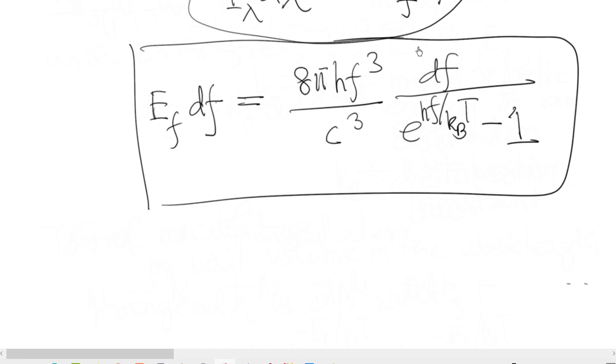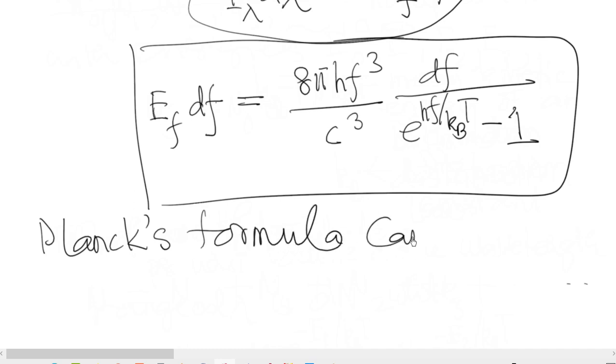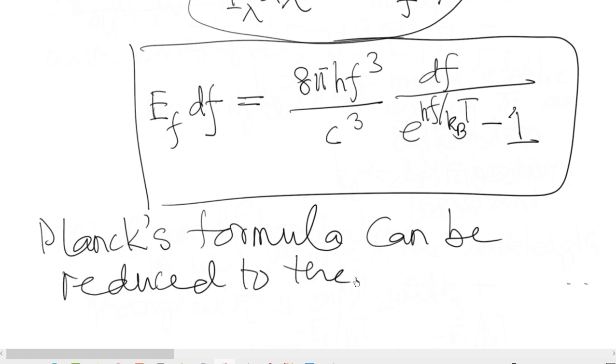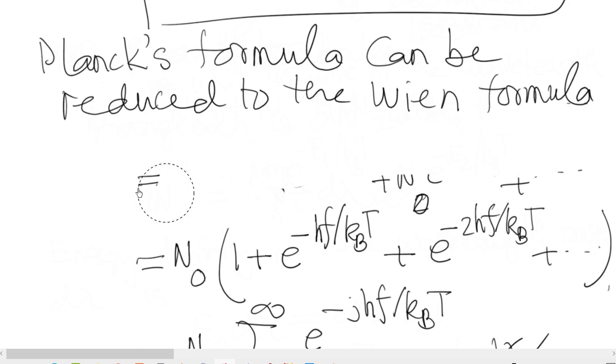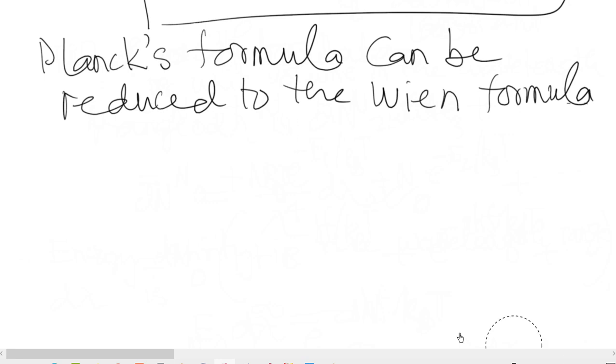Now it is interesting that this Planck's formula can be reduced to the Wien formula in the case of hc by lambda much greater than kBT.